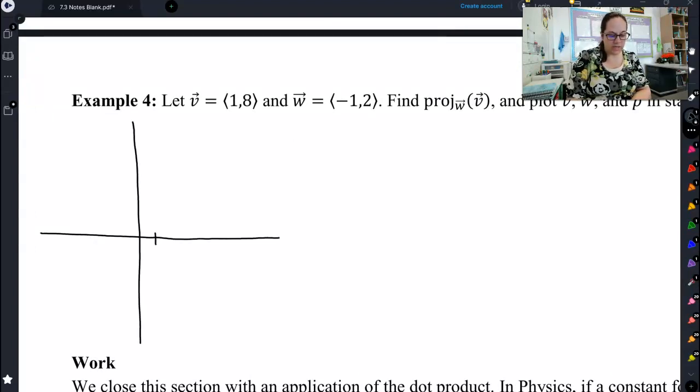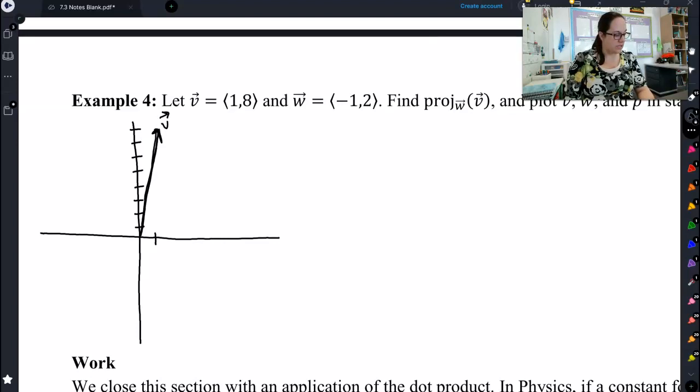My first one is at 1, 8. So there. Oh, that's not very good. Let's try that again. There we go. We'll call that there is vector v.